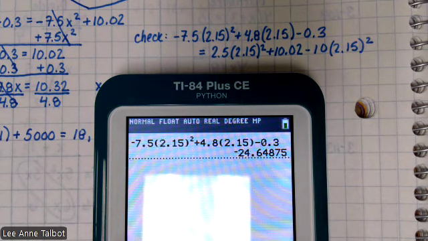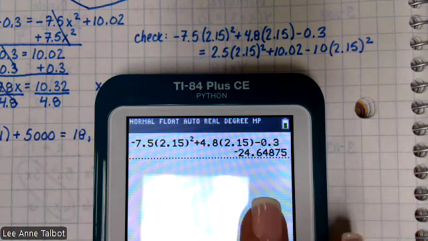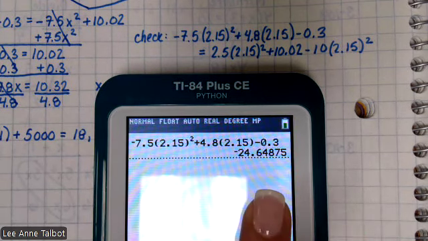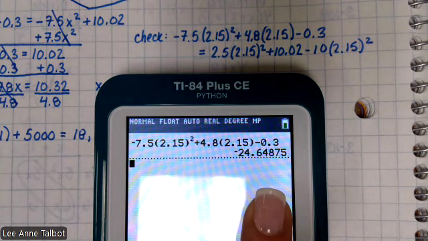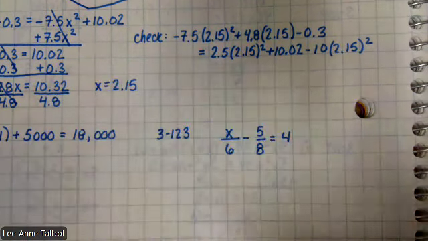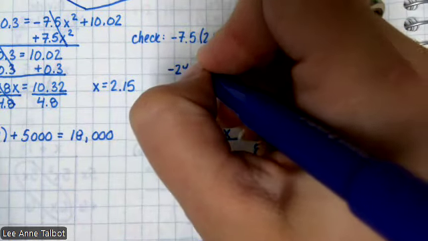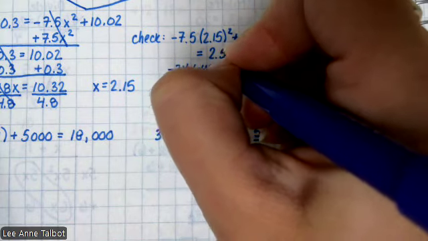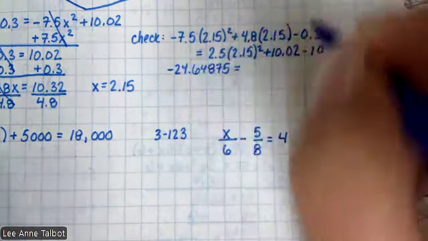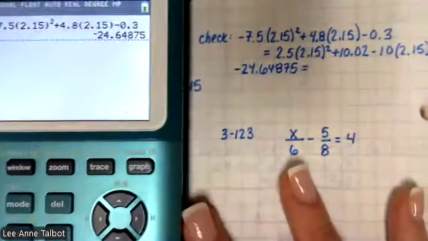Okay, so I got negative 24.64875. Did anybody else get that? Yes? Anyone? Yes? Okay.